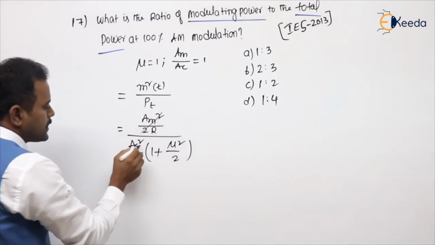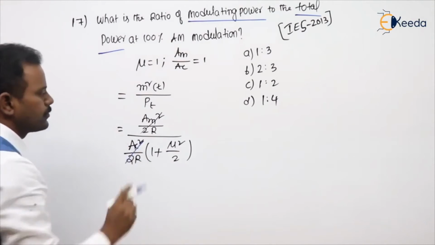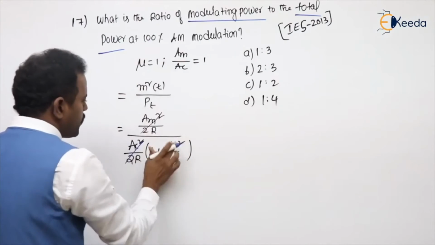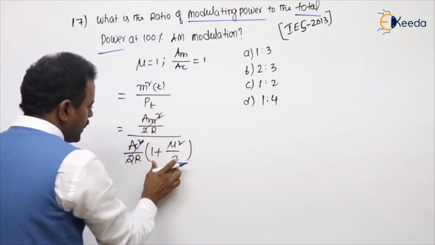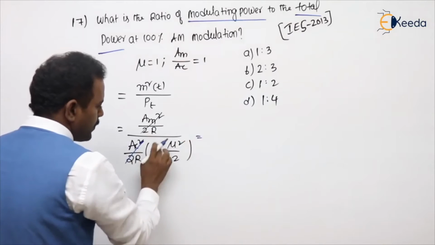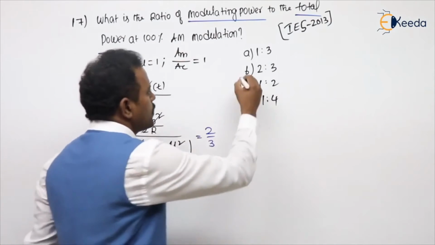Both are the same, so this and this can be cancelled. Then what is the mu value? 100% modulation means 1. 1 squared is 1, 1 by 2. 1 by 2 plus 1, 3 by 2. Are you getting my point? 3 by 2, so it will be 2 by 3. The asked ratio is 2:3.